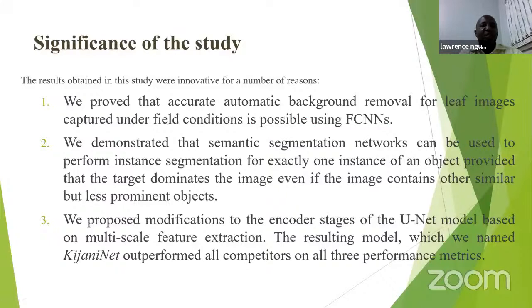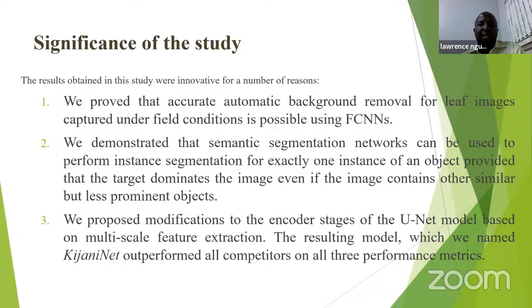So the main contributions of this study were that we proved that accurate automatic background removal for leaf images captured under field conditions was possible using fully convolutional neural networks. We demonstrated that semantic segmentation networks can be used to perform instance segmentation for exactly one instance of an object, provided that the target dominates the image, even if the image contains other similar but less prominent objects.